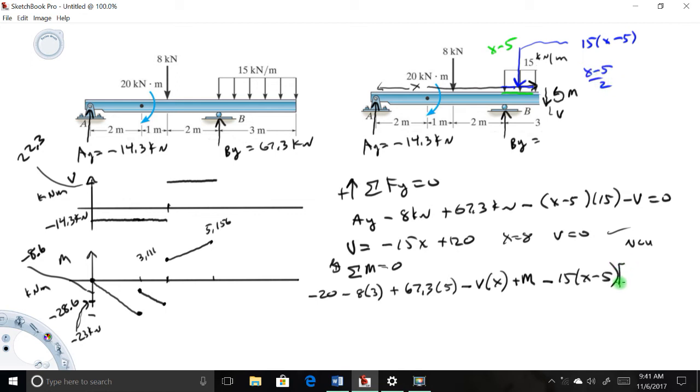So our distance is 5 plus x minus 5 over 2 equals 0.